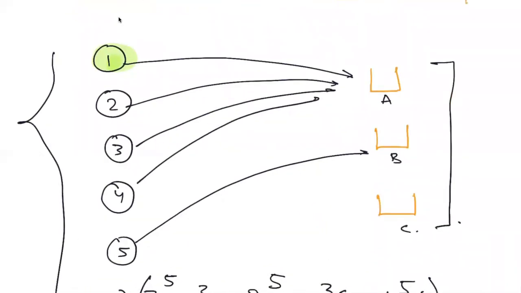Second method, more specifically we can go with this. See everyone carefully. A, B, C are the three bags. If I'm writing 3 to the power 5, what does it mean?